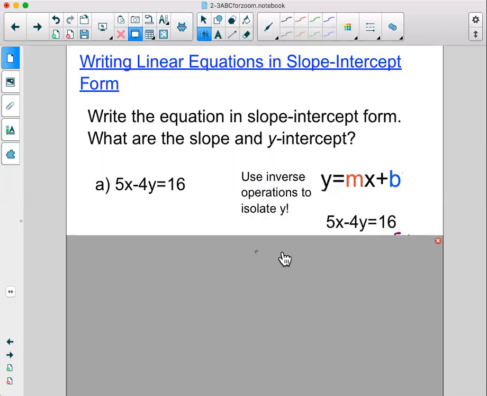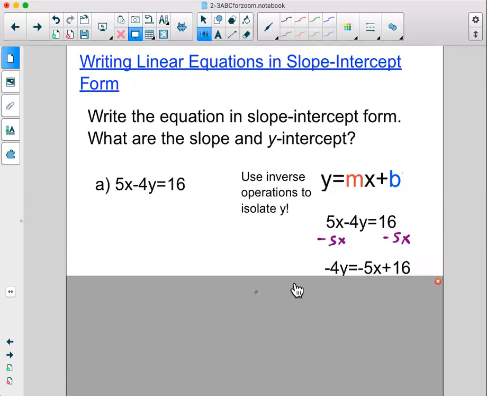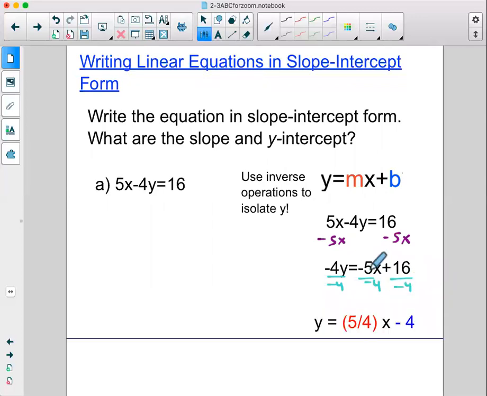So the first thing we can do is subtract 5x from both sides. And then the next thing we can do is divide everything by -4. Remember, a negative divided by a negative is a positive, and a positive divided by a negative is a negative. And now we know that the slope is 5 over 4, and the y-intercept is 0, -4.